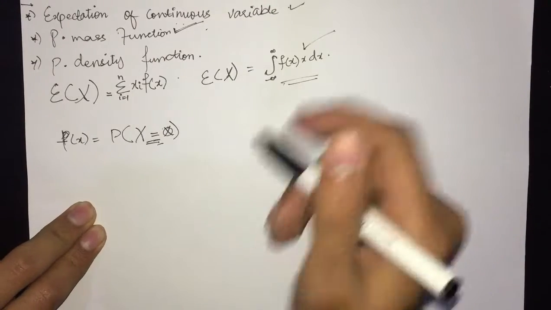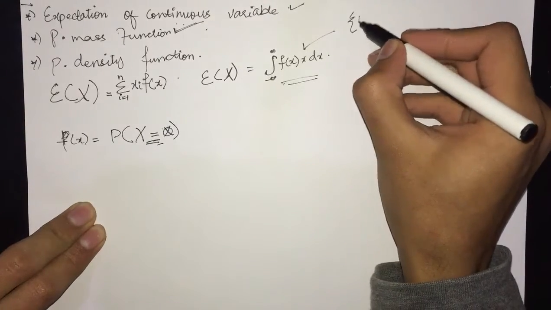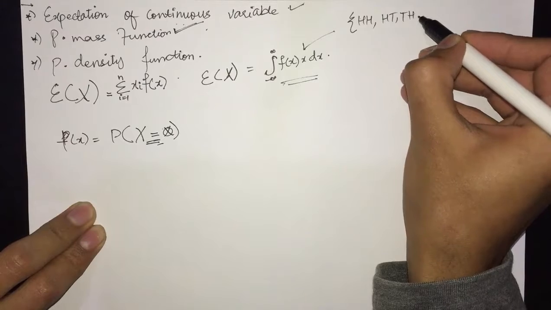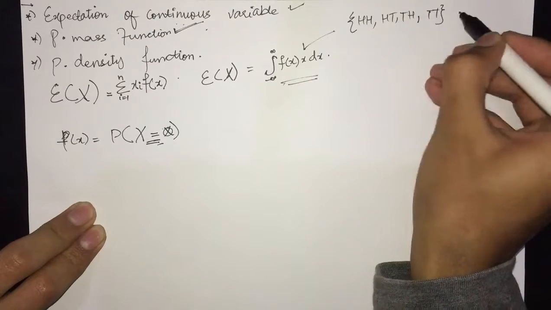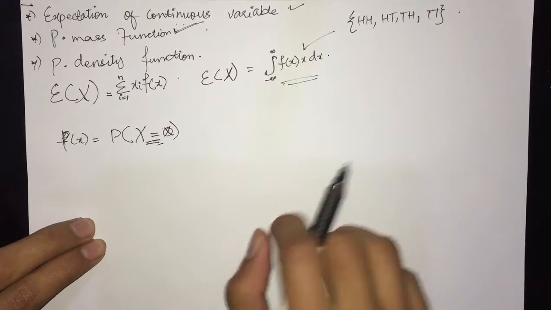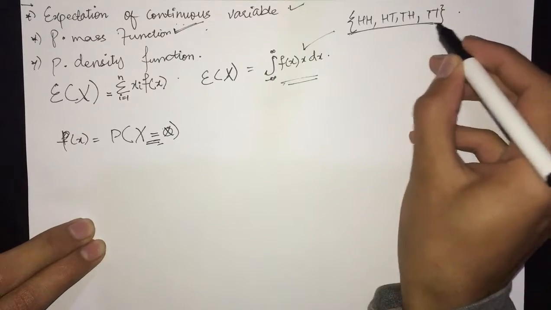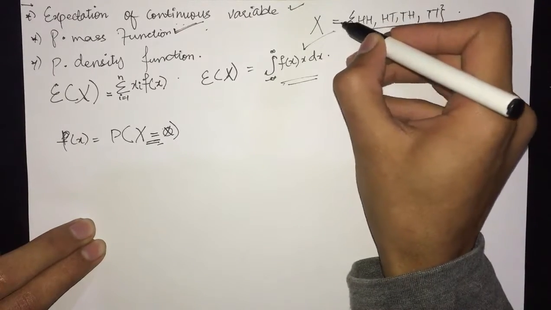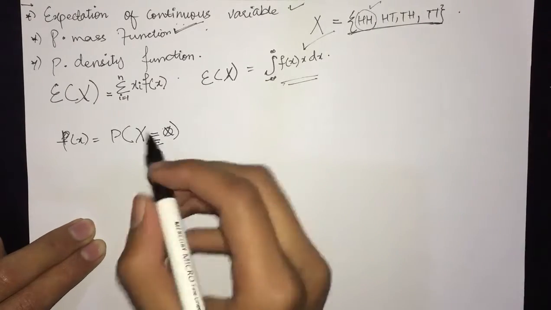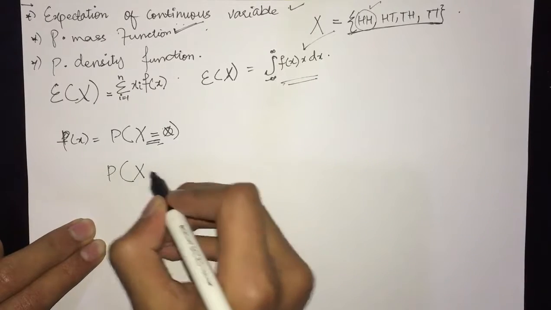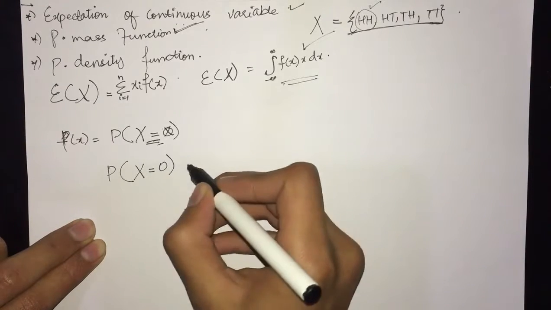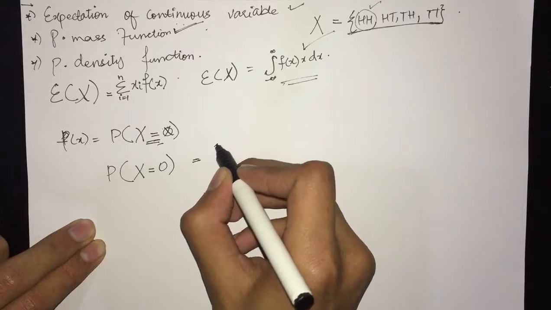So for example, if I throw a coin two times, I'll have the following sample space: HH, HT, TH, and TT. This is my sample space. If a person is interested in finding the number of tails in this sample space, and you want to convert this variable into a random variable, for the first sample point we'll put P(X = 0) equals 1 by 4.